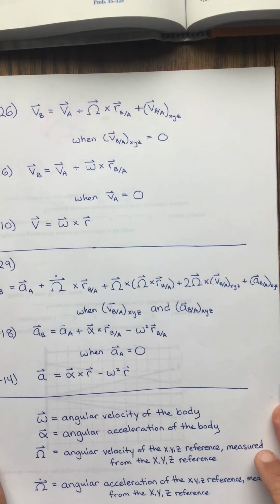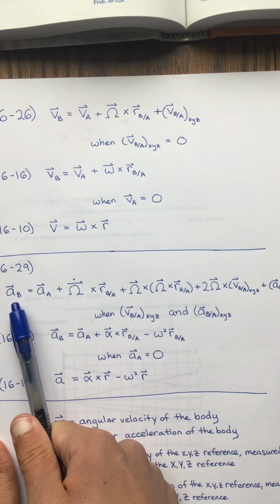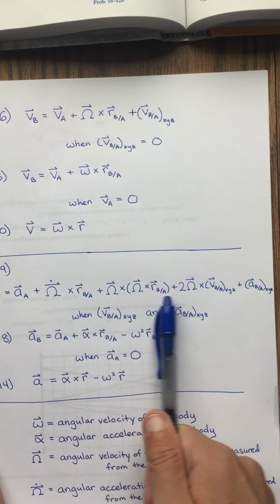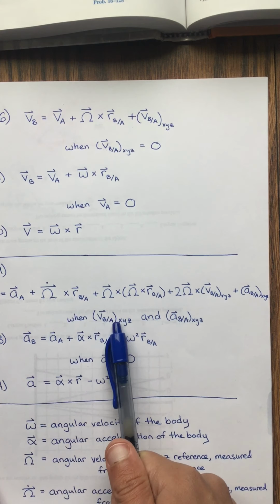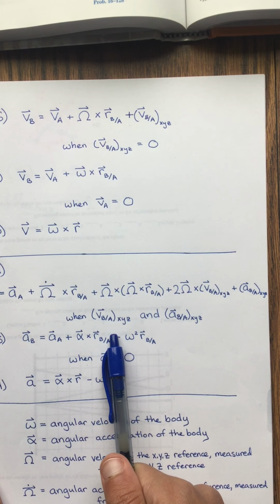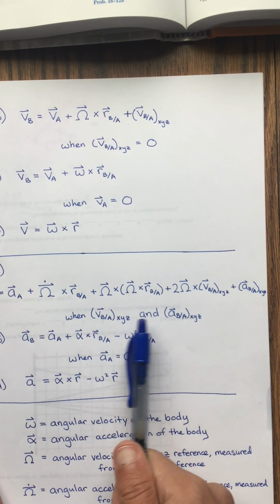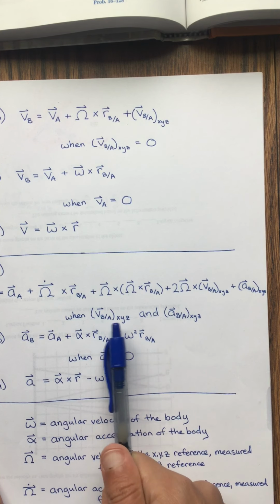Similarly, we got equation 1629, which we just derived for the acceleration of B. We have all these different terms in the equation. If point B isn't moving within the rotating coordinate system, so if you have a person on your merry-go-round who's just standing on the merry-go-round, then this and this are equal to 0.